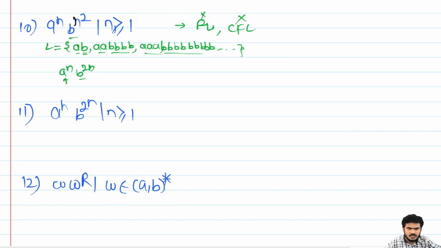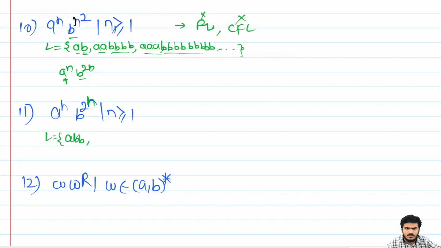Next is a raised to power n, b raised to power 2 raised to power n. In this situation also, we are not able to get a unique solution, that is, we are not able to find a pattern. Initially, when n is equal to 1, we will get abb as a string.